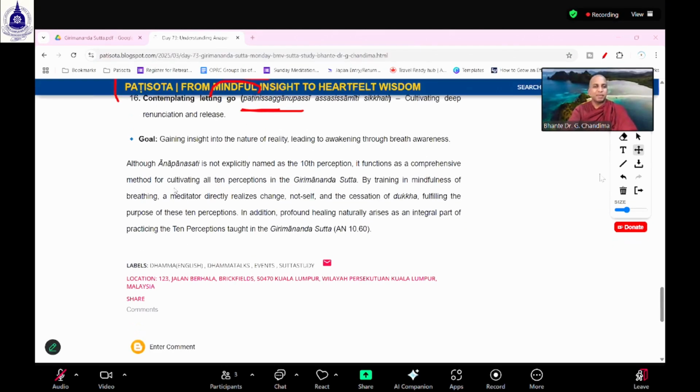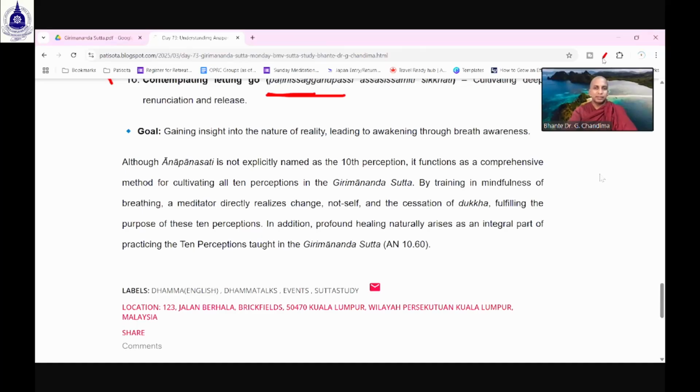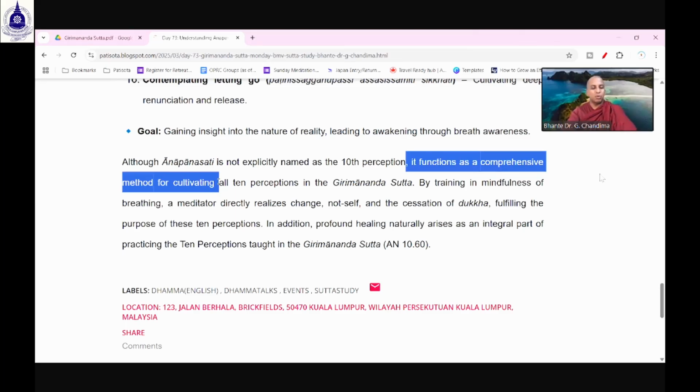Finally, before we get some questions, although Anapanasati is not explicitly named as one of the 10 perceptions, it functions as a comprehensive method for cultivating all 10 perceptions in the Girimananda Sutta.